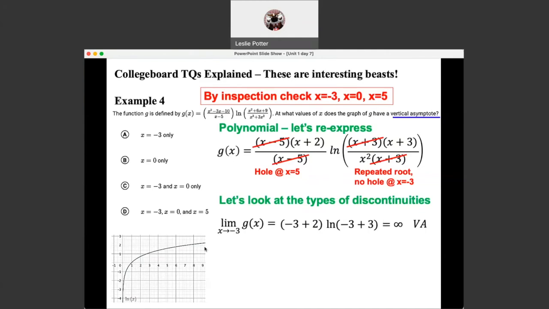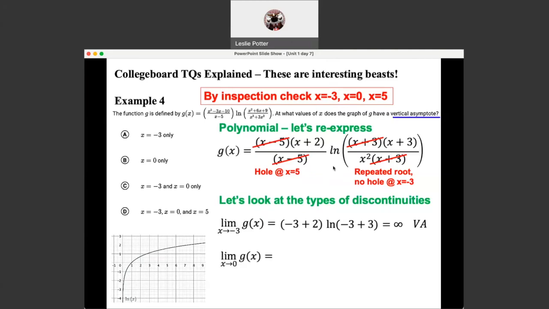So now we know it's 0, not because of that canceling, but because of the natural log, and we also know that it is -3. But let's talk about that scenario at x equals 0.